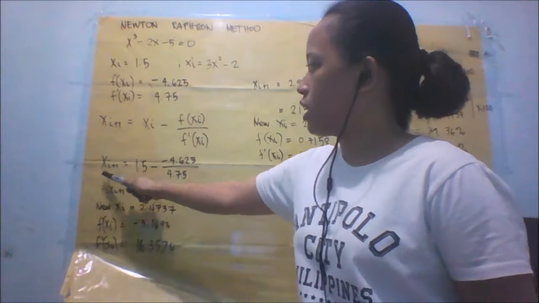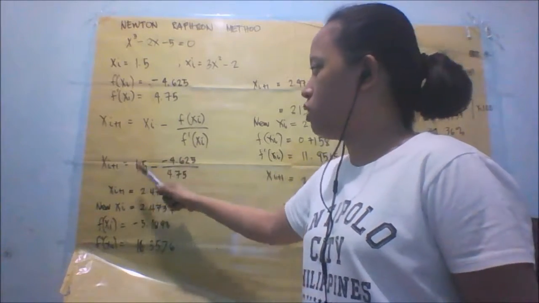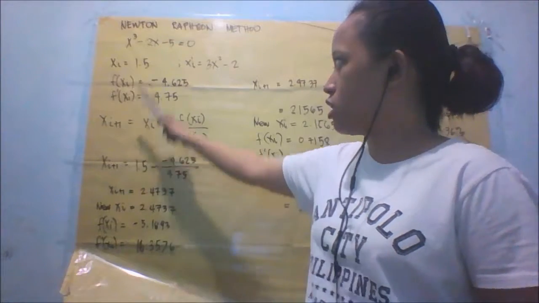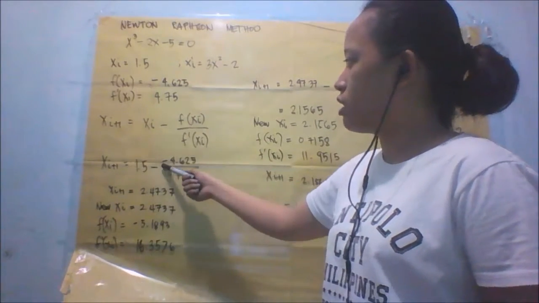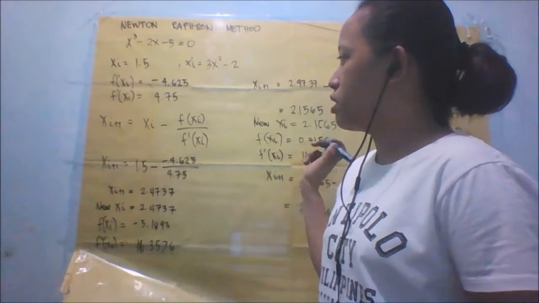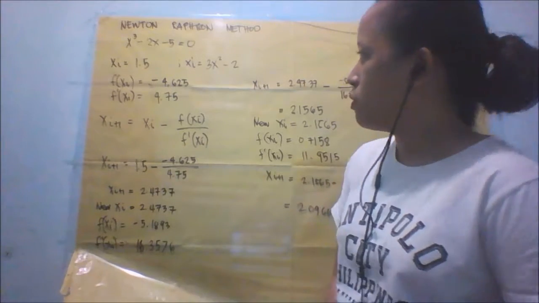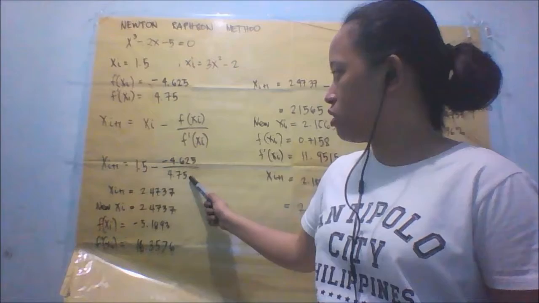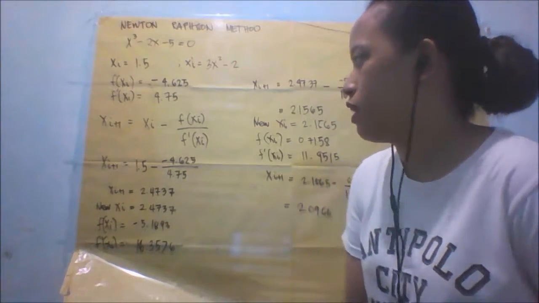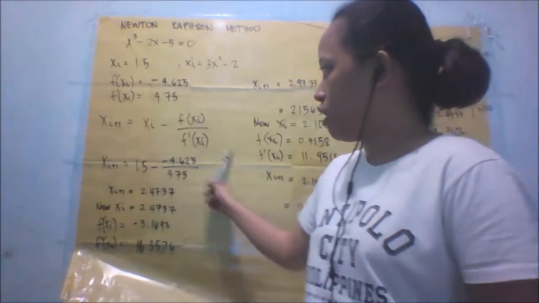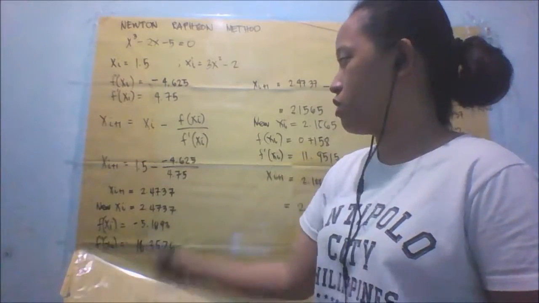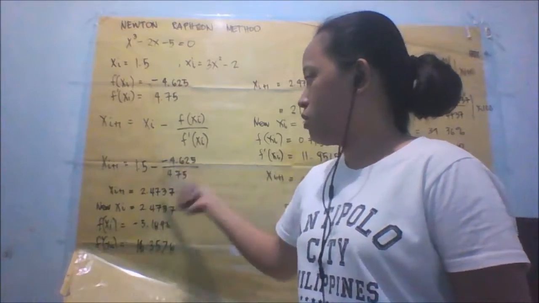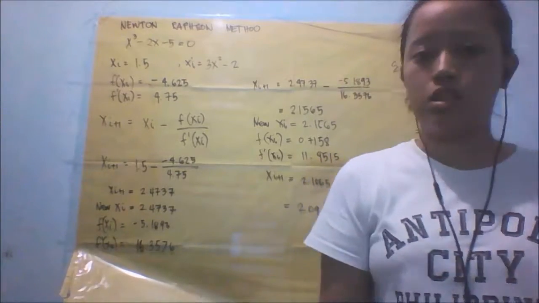So xi plus 1 equals 1.5, which is our xi, minus f of xi, negative 4.625, over the first derivative of the function, which is 4.75. If you calculate that, we can compute our xi plus 1, which equals 2.4737.